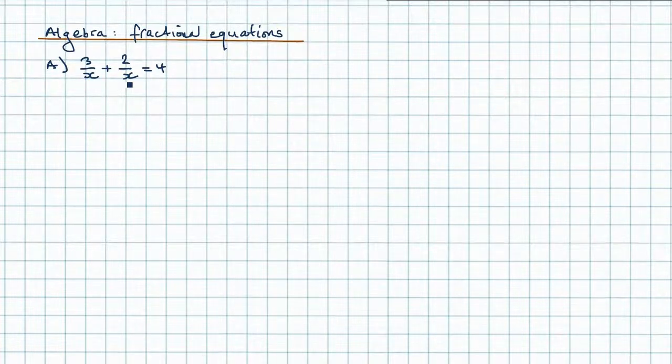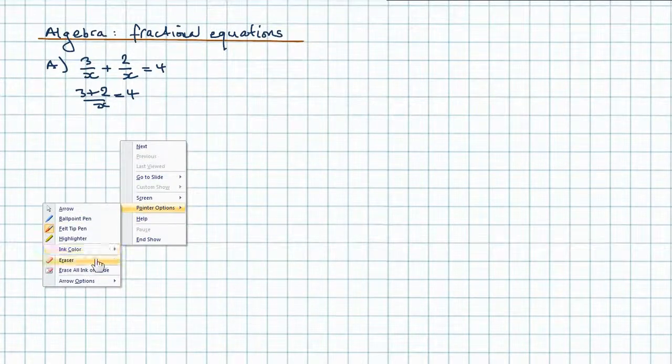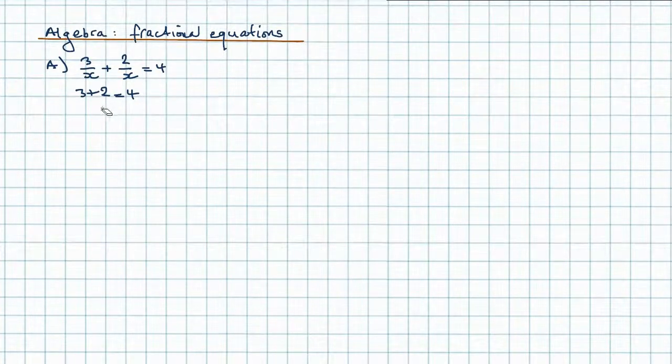The common denominator is already working itself out, so the common denominator is x, so we've got 3 plus 2 over x equal to 4. And now if we just multiply through by x, then we'll get the x on the other side.